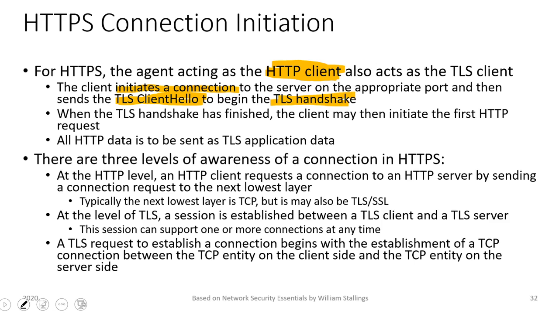Once the TLS handshake is completed, whatever HTTP data is sent is treated as TLS application data. Then it will be put in the TLS record protocol, and it will be sent through the TLS protocol.